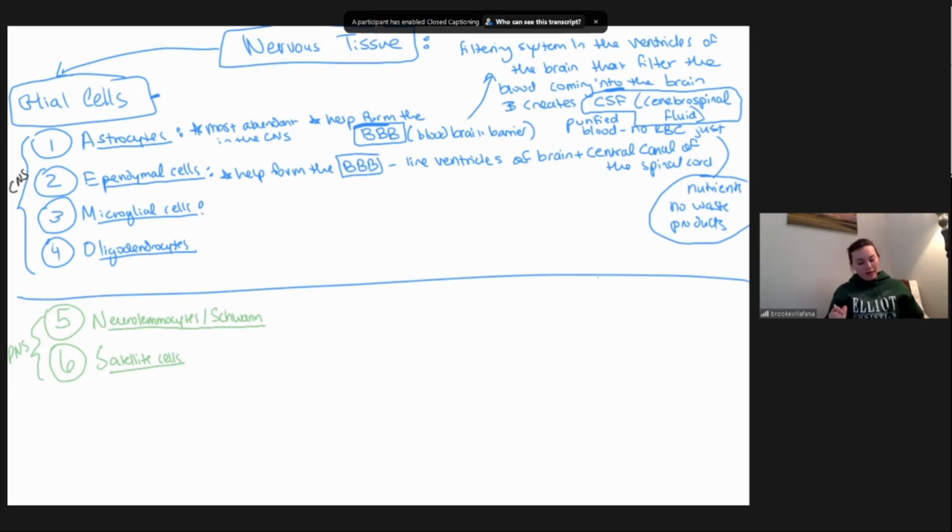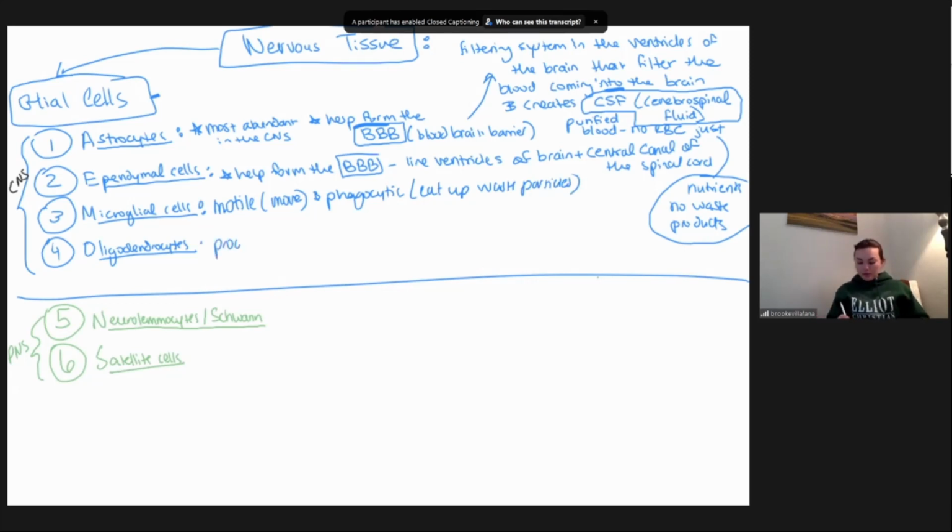All right, so microglial cells, these are motile, which means they move, and they are phagocytic. So they go around and they eat up waste particles. So they're motile and they're phagocytic, eating up waste particles.